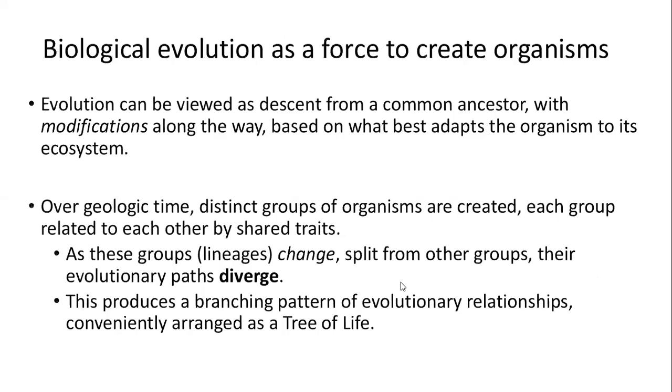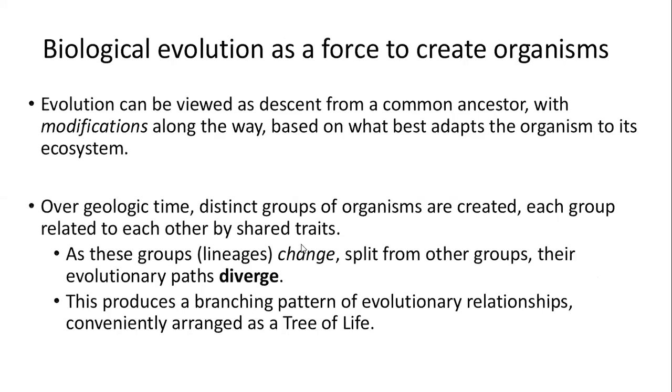And when we talk about evolution in biology, scientists have been able to trace descent for all living things from a common ancestor, as best we can tell, based on the genetic information that we have, and we'll talk some about that in a little bit. But I wanted to say, evolution occurs over a long period of time.